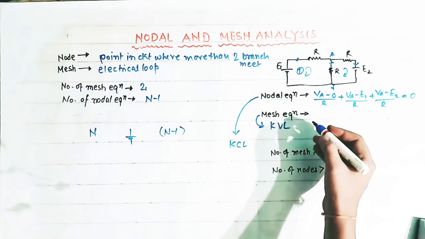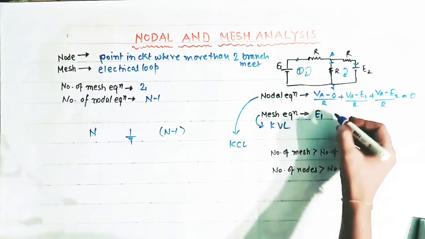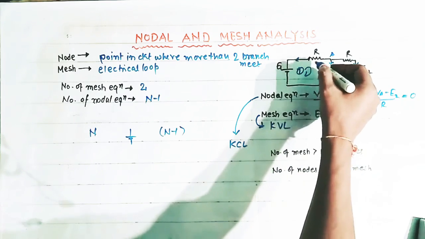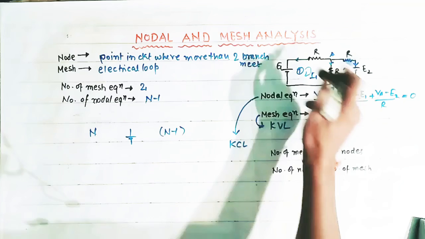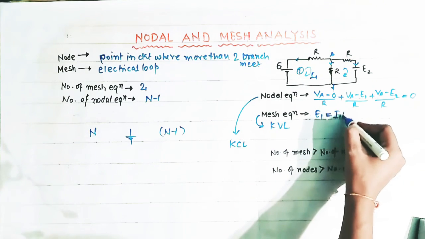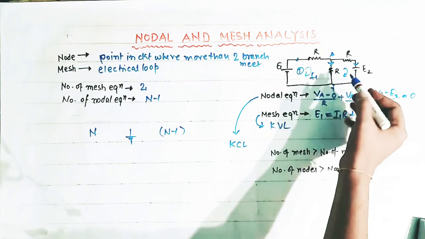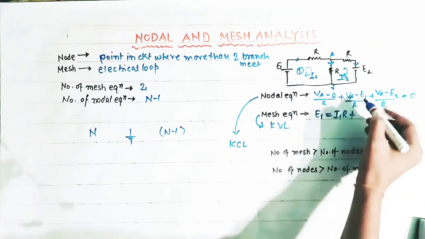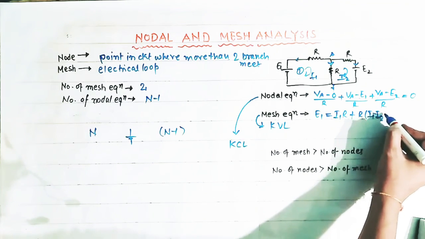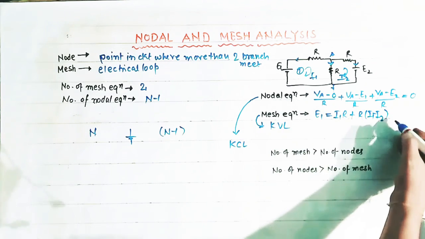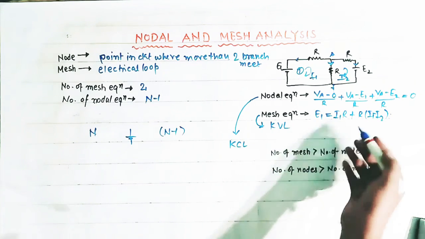So we can apply KVL, moving clockwise: E1 is equal to I1R, because the direction of current in this loop is this, plus in this branch the current is I1 minus I2. Suppose the current here is I2, so R into (I1 minus I2). So this is the mesh equation.